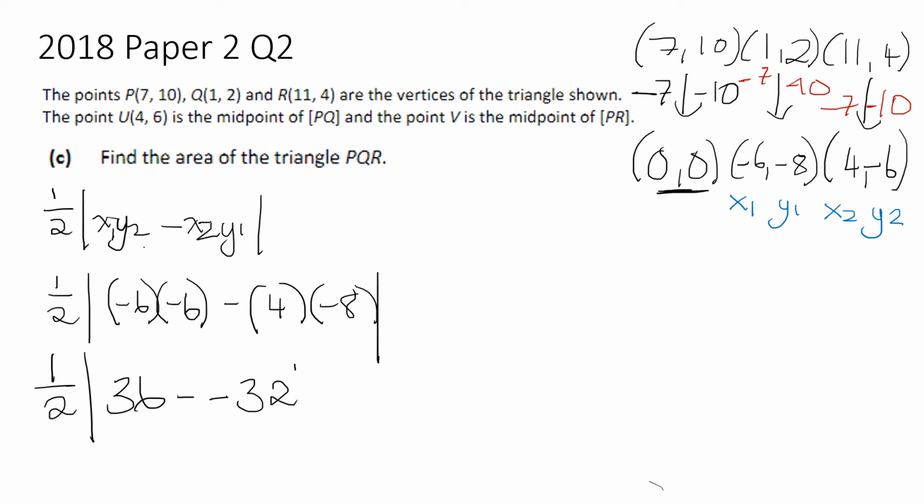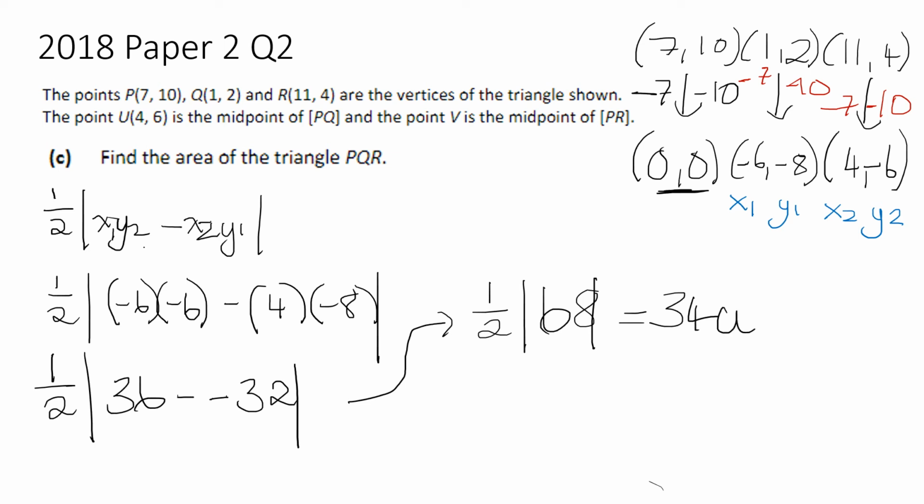But as I said, you can put this all into your calculator, that's absolutely no problem. You will then get 68, and then you just do half of 68, and that is 34. That's 34 units squared. Okay, and that's it.